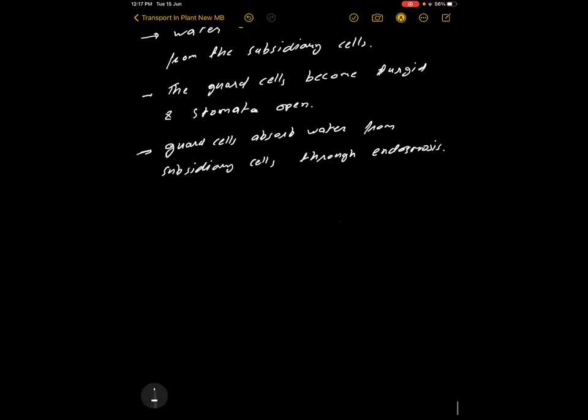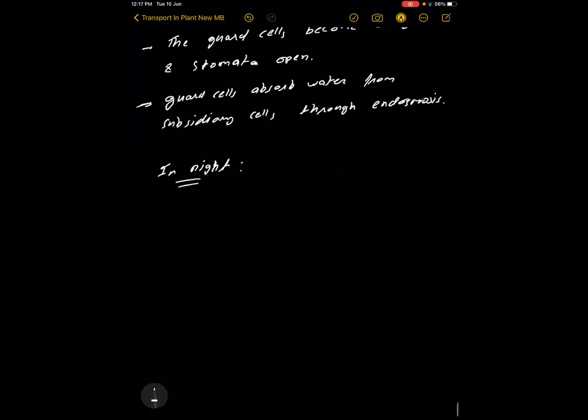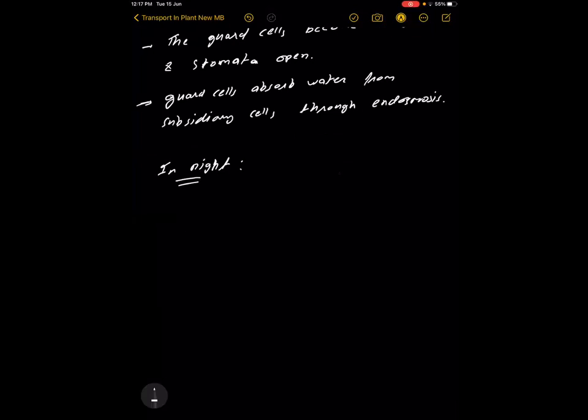In dark or in night, what will happen here? CO2 concentration increases because photosynthesis is absent during dark, during night. Okay, no photosynthesis.